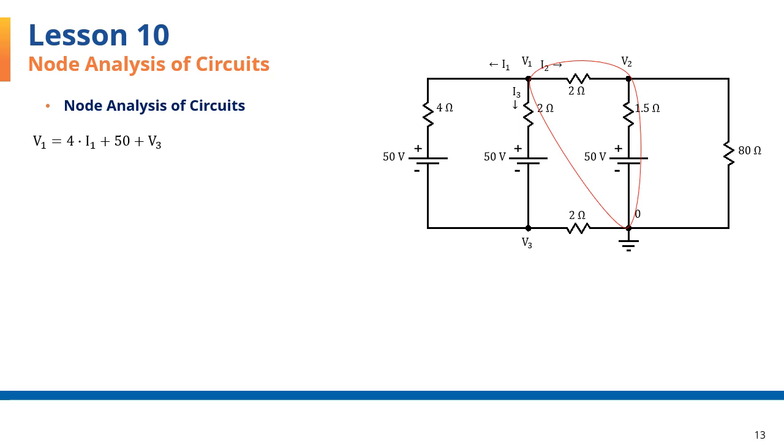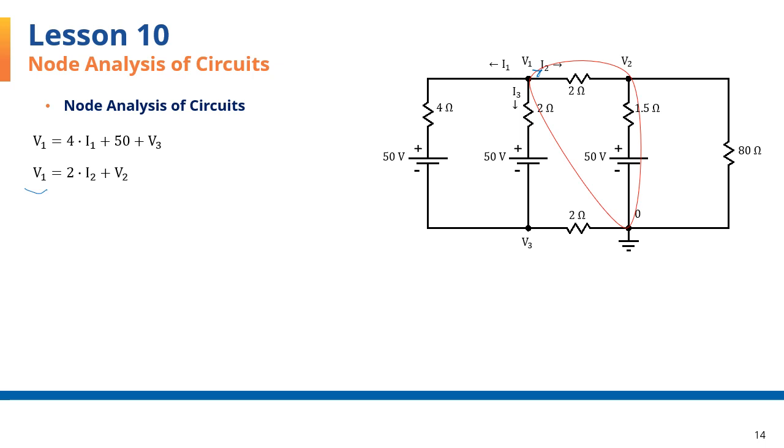Again, going through the equation for it on this slide, you can see that going from 0 to V1 and beyond, there is a voltage rise of V1, so that goes on the left.